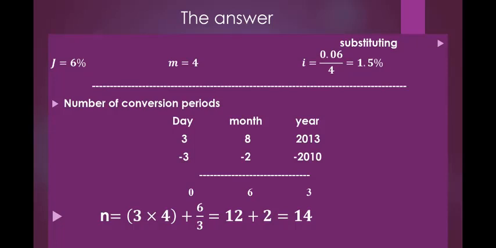And to get N, we must calculate the total time: August 3, 2013 minus February 3, 2010. So the total time is 3 years, 6 months. So N will be equal 3 times 4 plus 6 over 3, which is equal 14 periods.